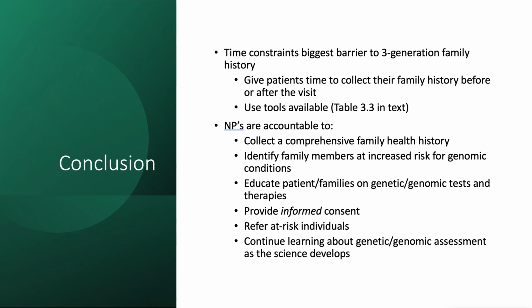Provide informed consent, although I would say, if we're talking about testing, I would always have them referred to a specialist in genetic testing for informed consent because I don't work in it all the time. Refer at-risk individuals. I can't say that enough. Refer at-risk individuals if they're willing to go. And continue learning about genetic and genomic assessment as the science develops.